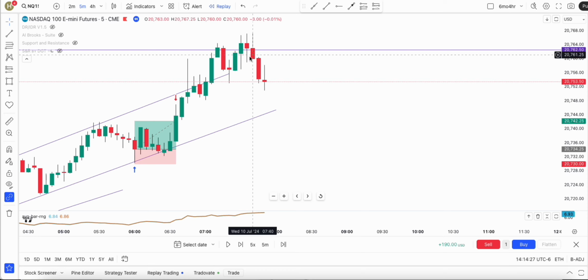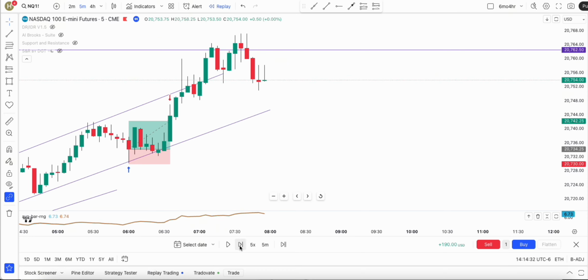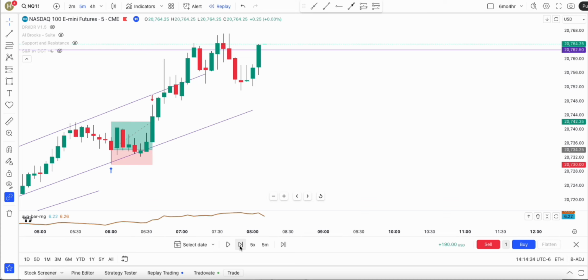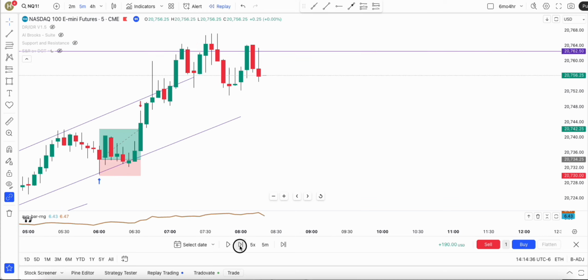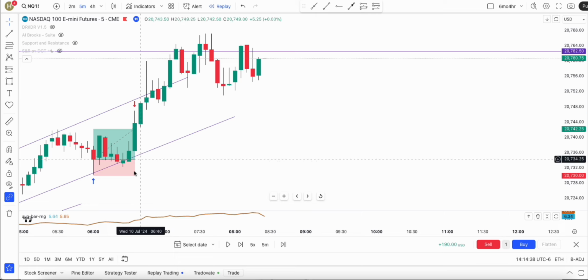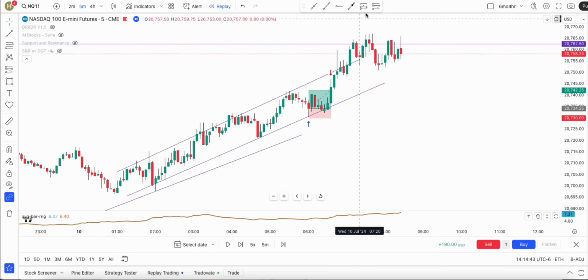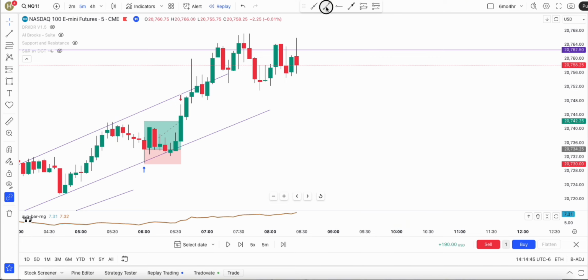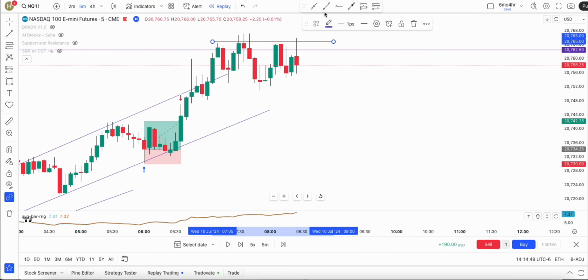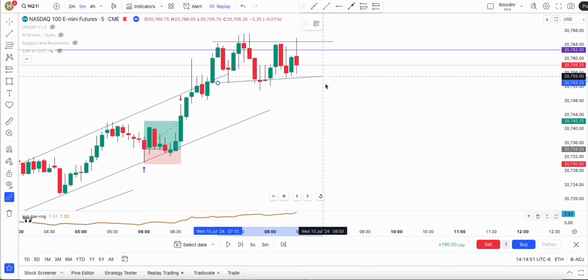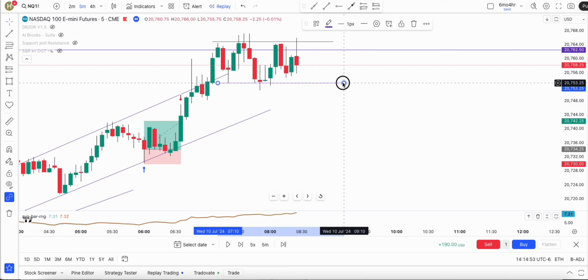But okay, so we once again tested that resistance, and then now we're coming down. Maybe not. Boy. Okay, so now it looks like we have exited this upward trend channel that we were previously in. And I would call this right here a trading range. We're bouncing up, bouncing down, bouncing up, bouncing down.